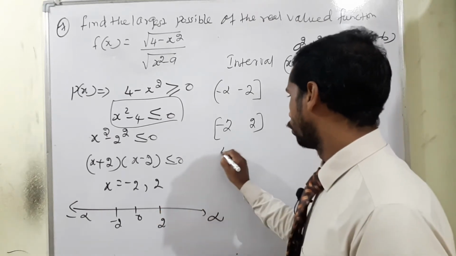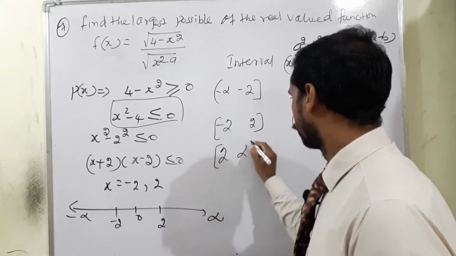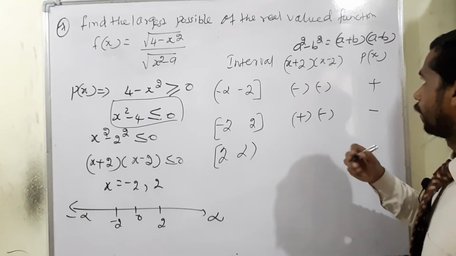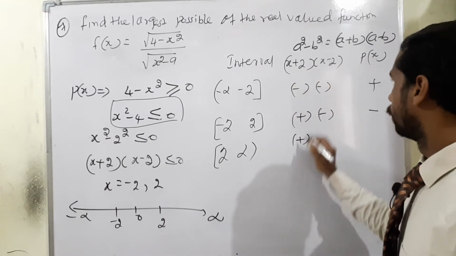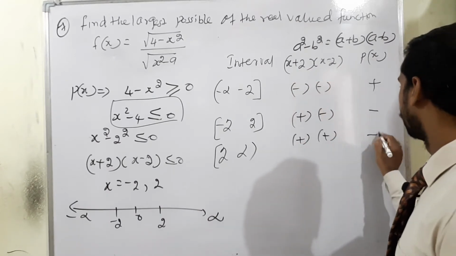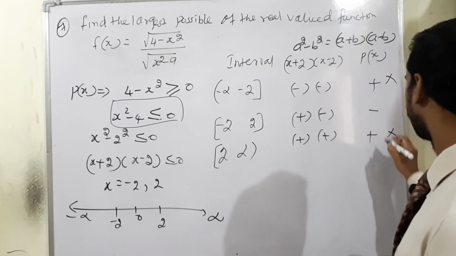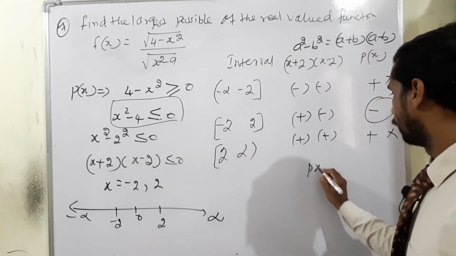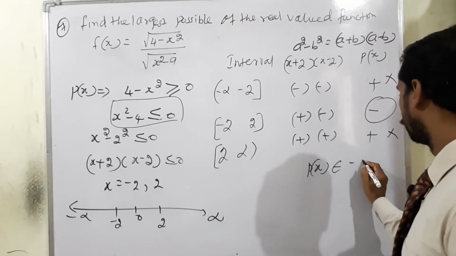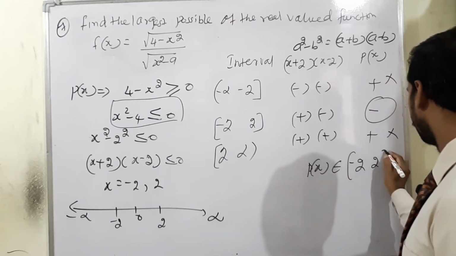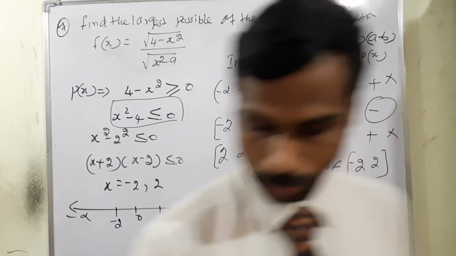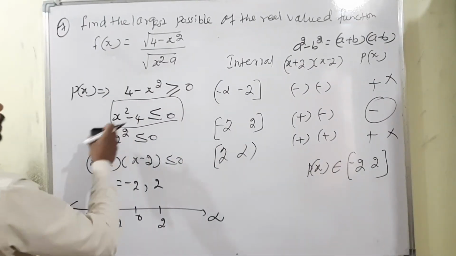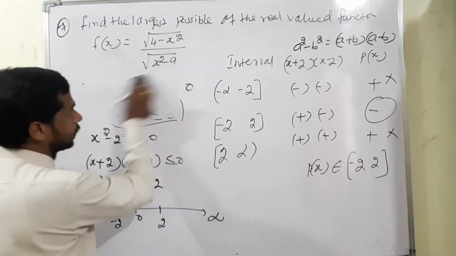Next condition 2 to infinity, so we can take 3. 3 plus 2, 3 minus 2, again plus. This is also wrong because you have taken for the less than value. Therefore, for the first condition, p of x belongs to minus 2 to positive 2. Next one, the denominator, consider it as q of x.